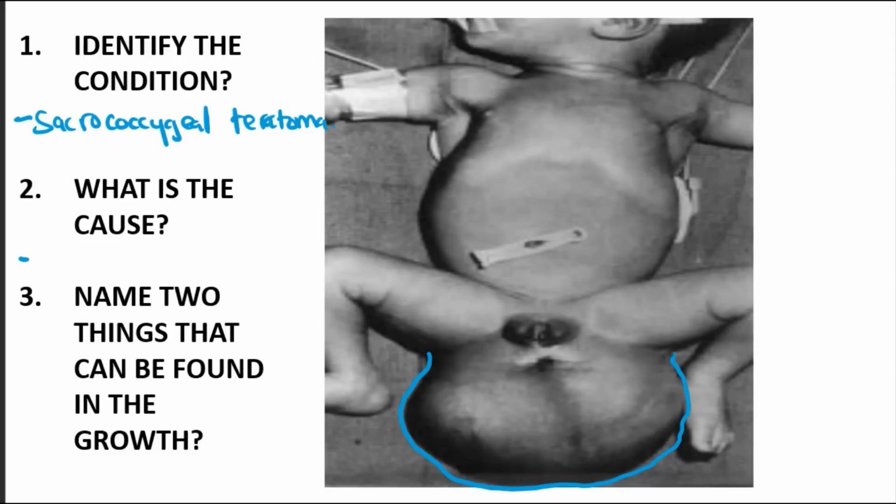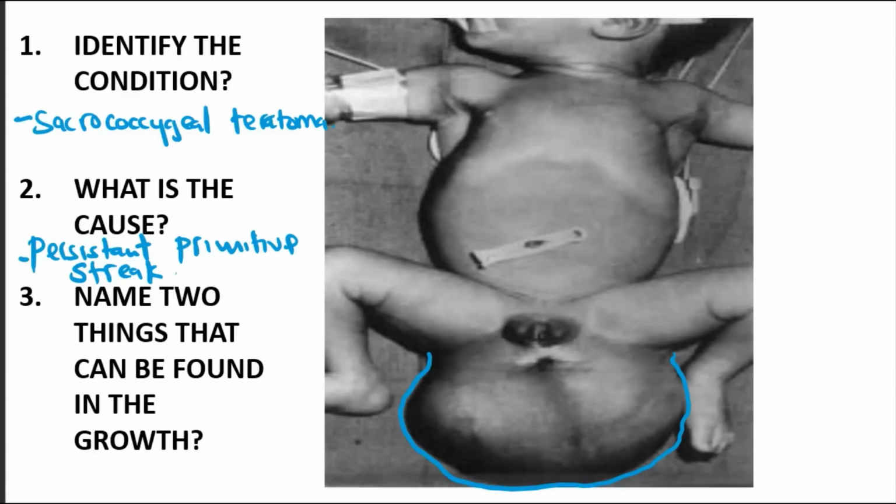What is the cause? Persistent primitive streak. Remember, the primitive streak is supposed to degenerate in the 4th week. But if it doesn't degenerate, the persistent primitive streak will form the sacrococcygeal teratoma.